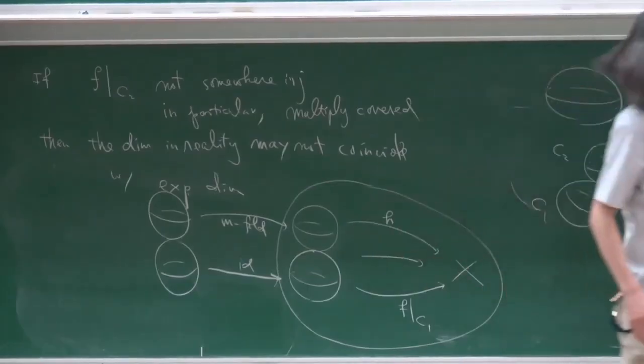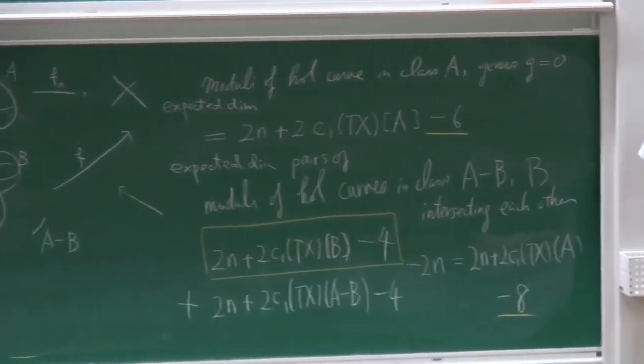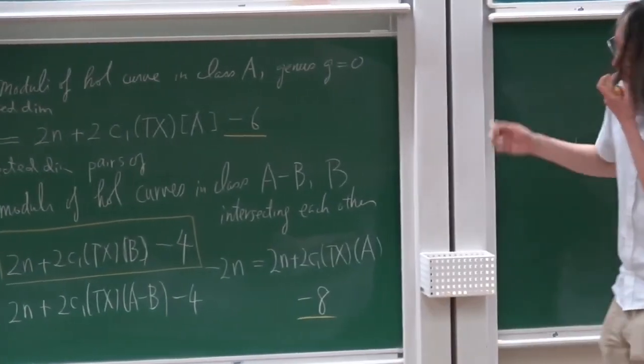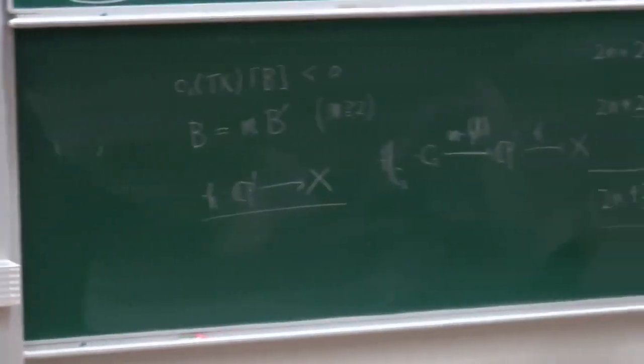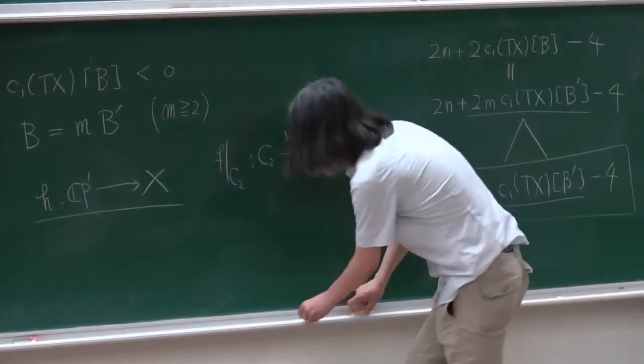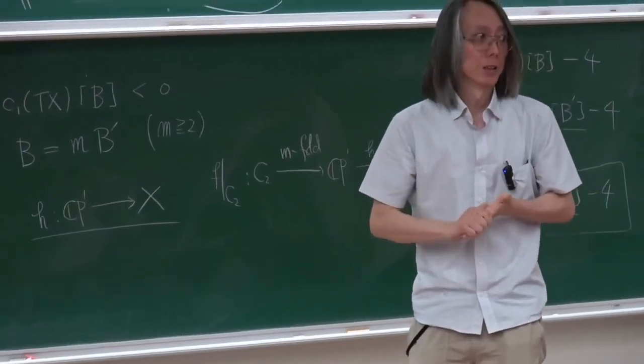But because the dimension is not behaving so nicely, it is not the case. So this is the reason why transversality is in fact a problem in general. This is what we first called the negatively multiple cover problem, but still we can deal with it in an abstract way.